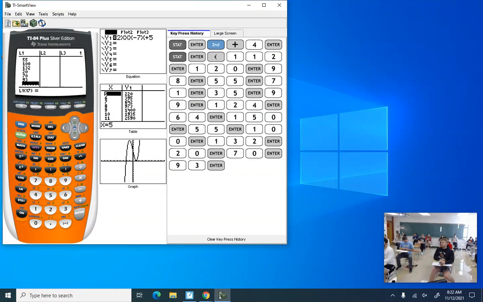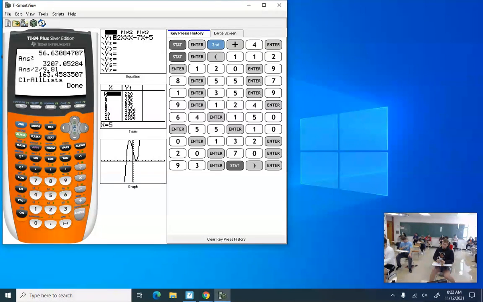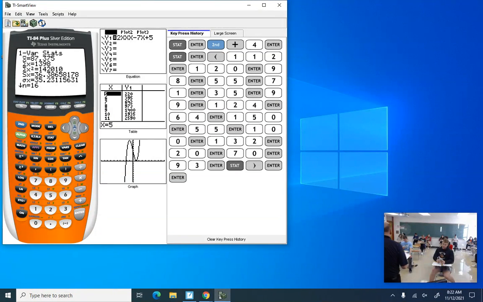If we go back to stat again, hit your stat button, hit your right arrow to go over to calc. The first option there is one variable statistics. Go ahead and hit enter. You get one variable statistics, and hit enter one more time. It will give you all the statistical data that you need.